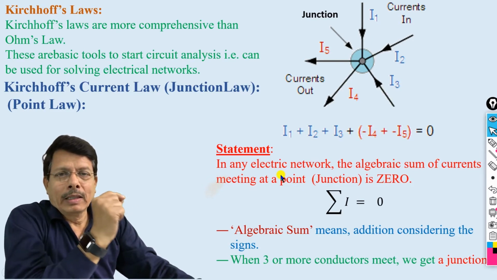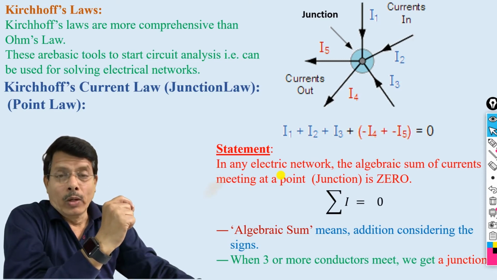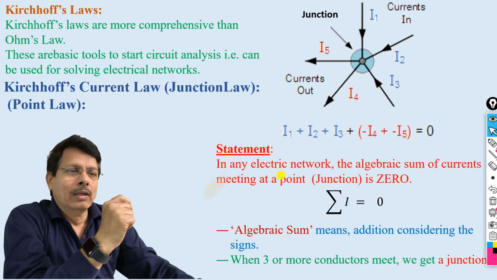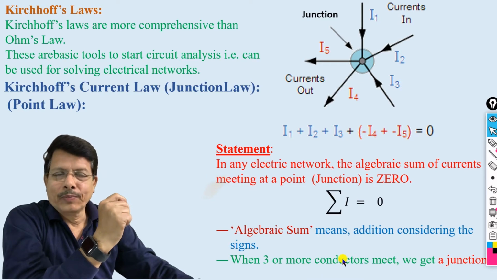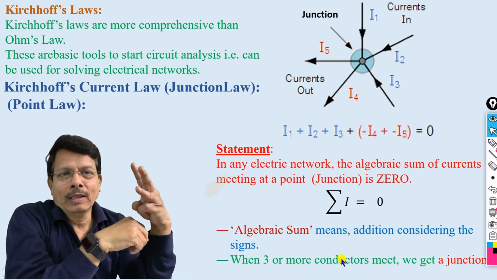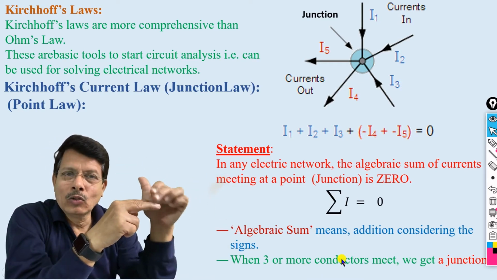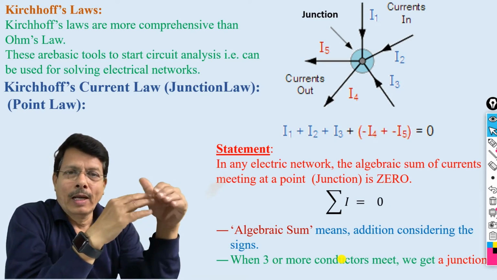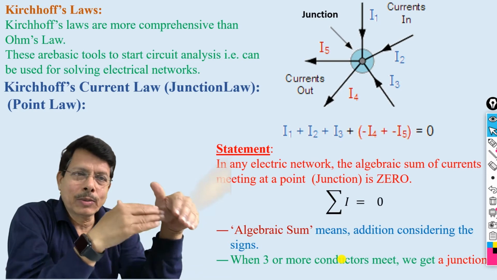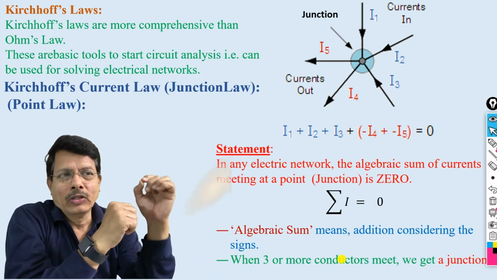In any electrical network, if there is a junction, what is a junction? That means at a point, when 3 or more conductors meet together, that point is called the junction. And this statement, Kirchhoff's current law, is about that junction.